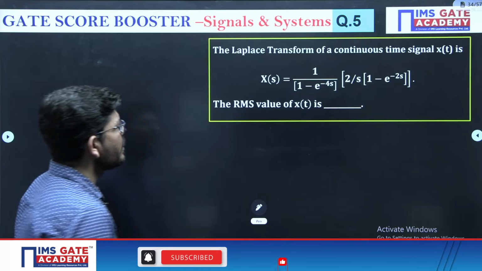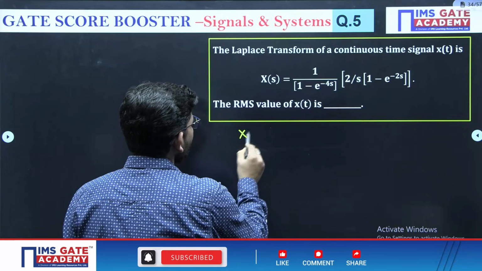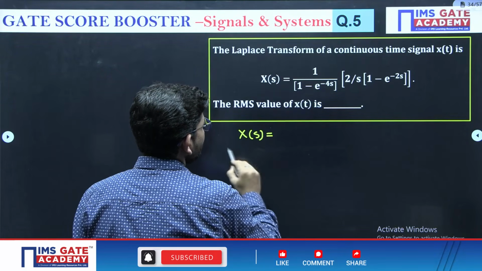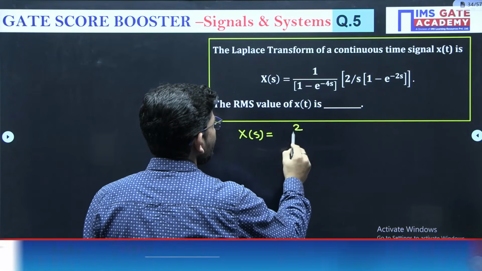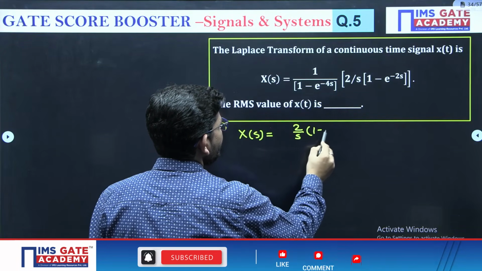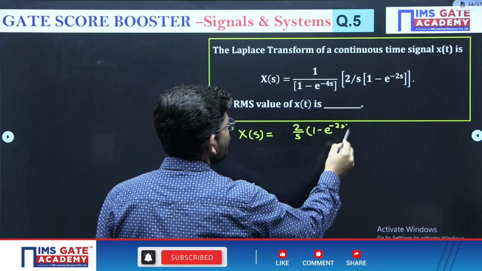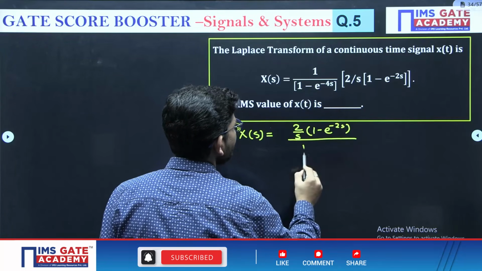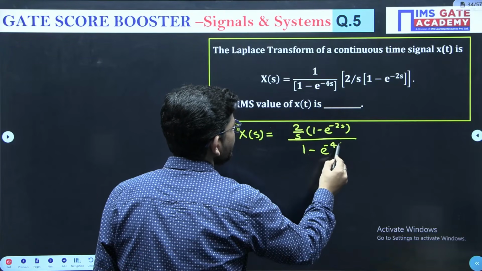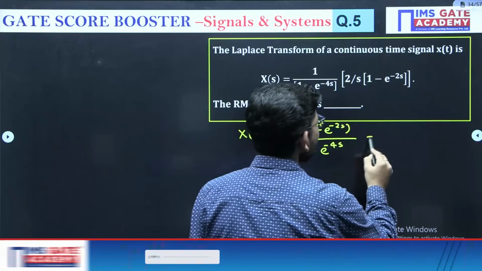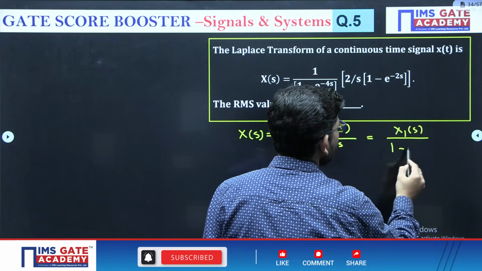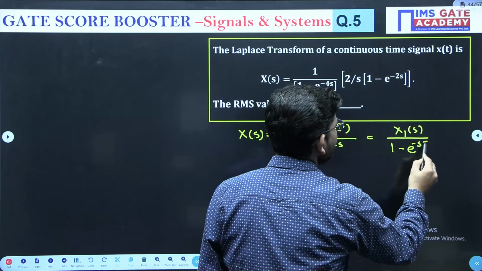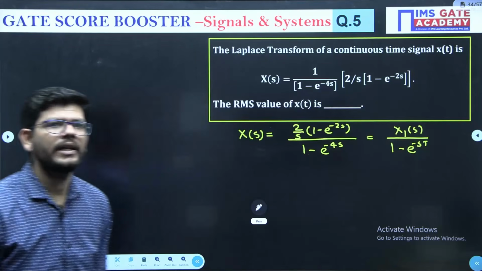Right? So see, they have given the Laplace transform X(s) like 2 by s, times 1 minus e to the power minus 2s, divided by 1 minus e to the power minus 4s. Isn't it? This is like X1(s) upon 1 minus e to the power minus sT, right?